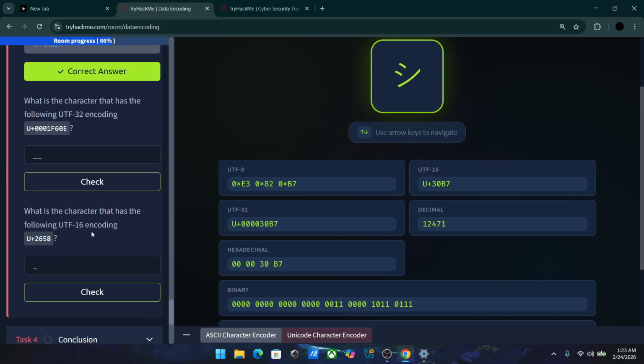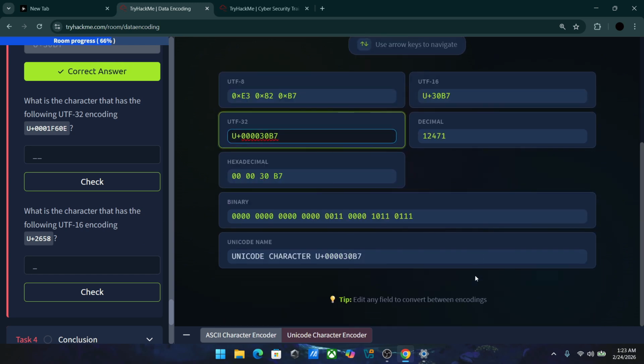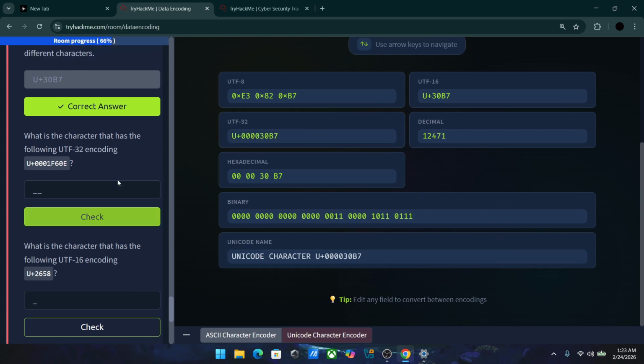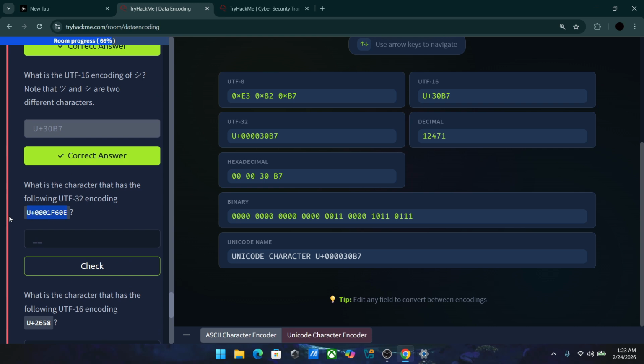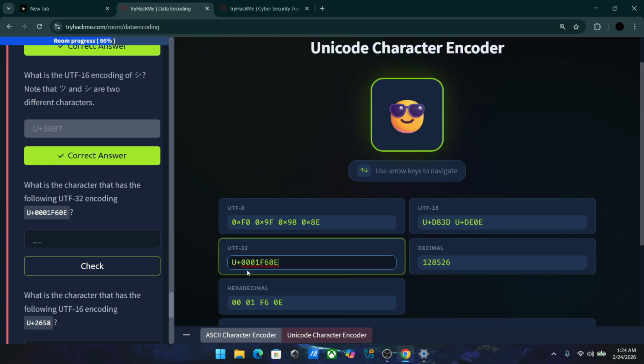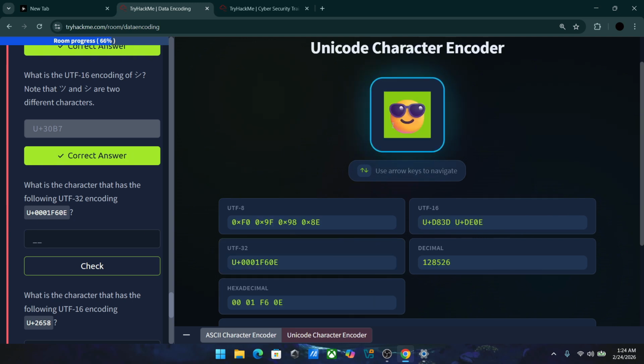Let's see. What is the character that has the following UTF-32 encoding? Wow, that is an emoji.